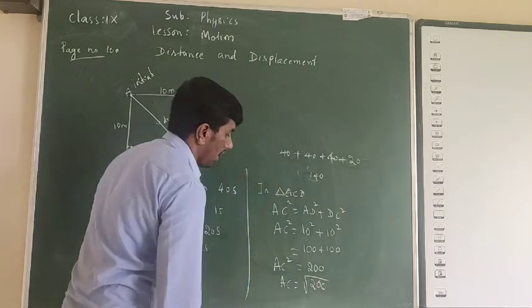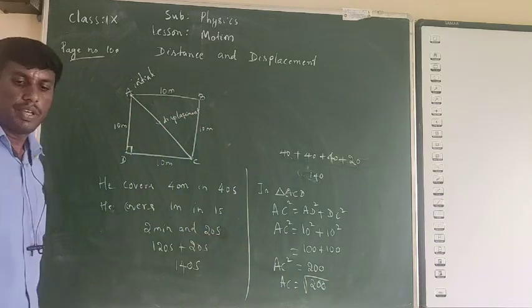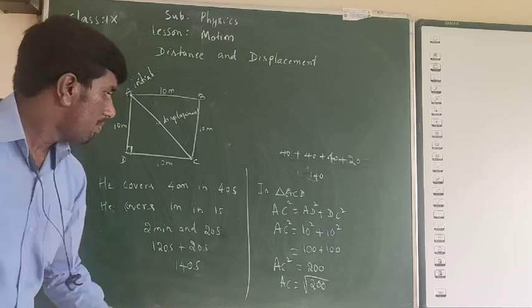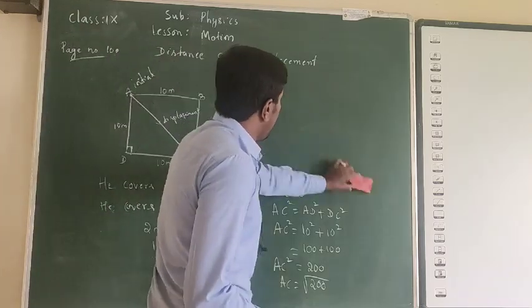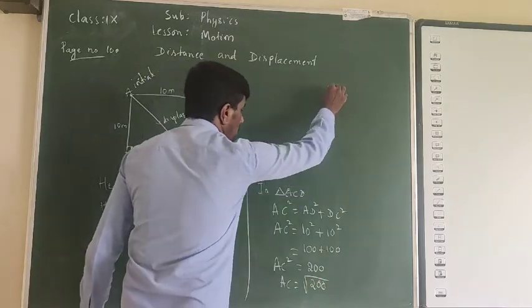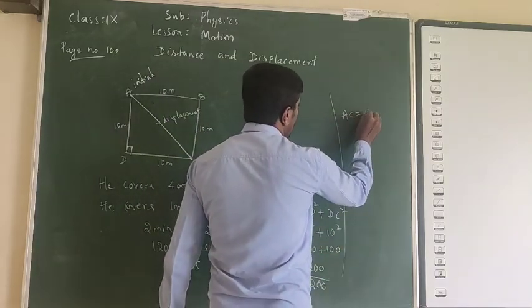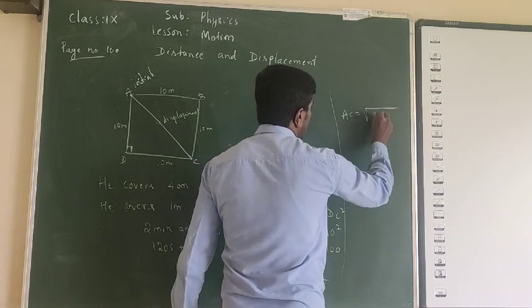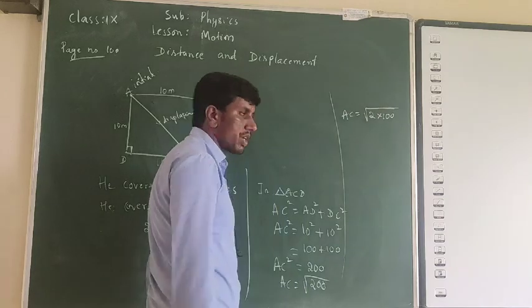We have learned that. Now AC is equal to root 200. Let us bring it to some perfect square form and then solve that. AC is equal to square root of 200. That can be written as 2 into 100 because 100 is a perfect square.